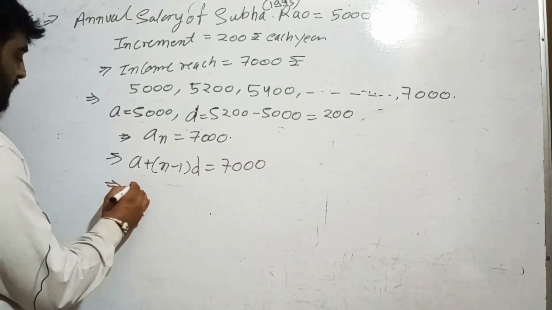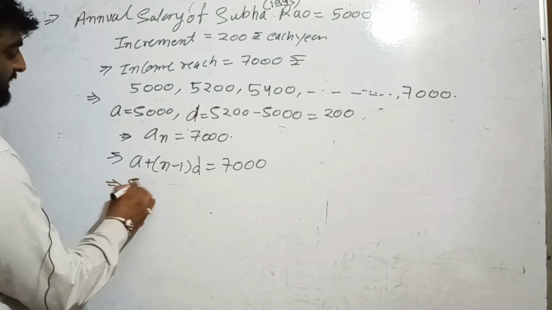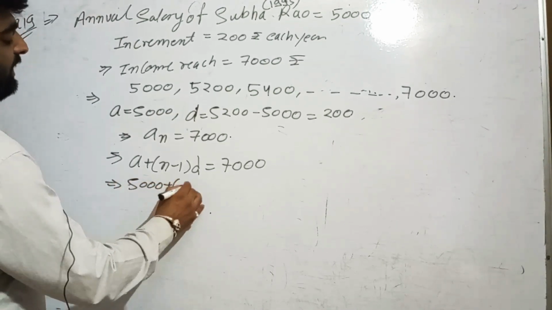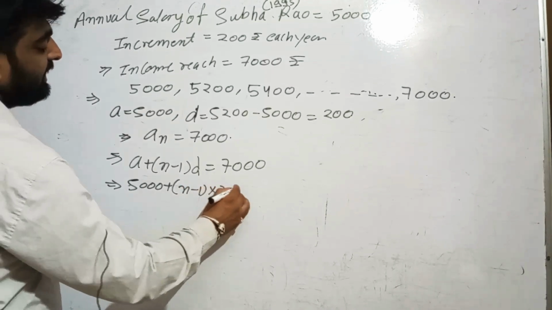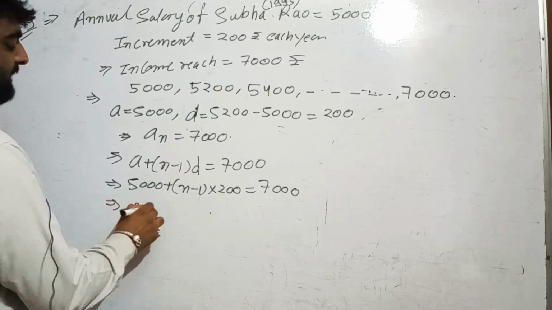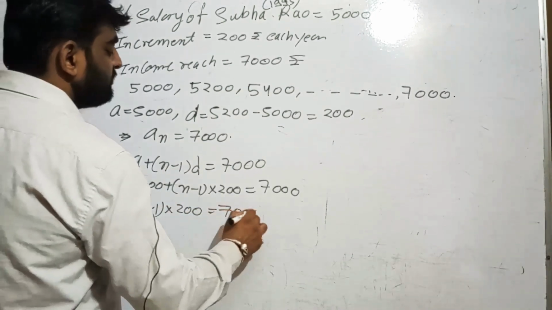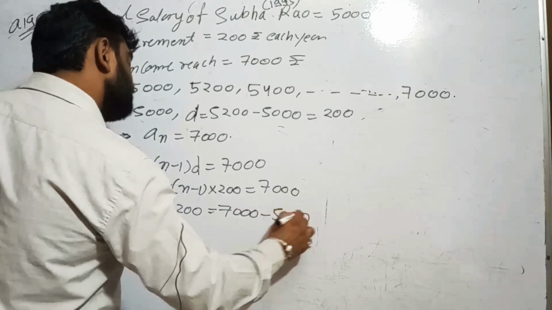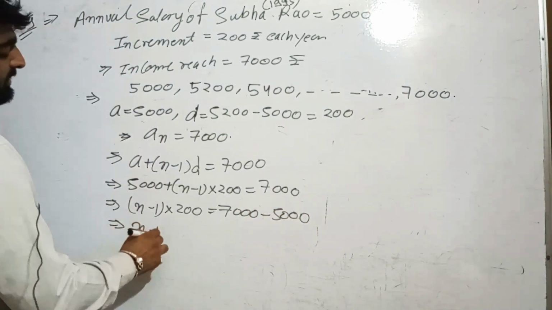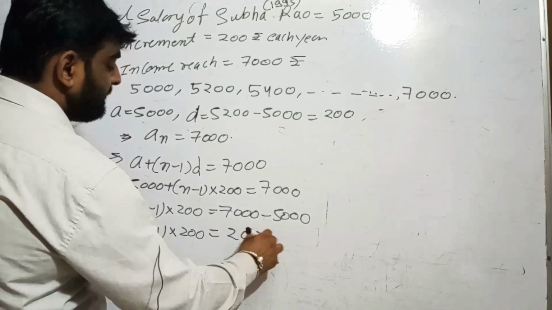What is the value of a, students? a is 5,000 rupees, d is 200, so 5,000 plus n minus 1 into 200 equals 7,000 rupees. So n minus 1 into 200 equals 7,000 minus 5,000, so n minus 1 into 200 equals 2,000.